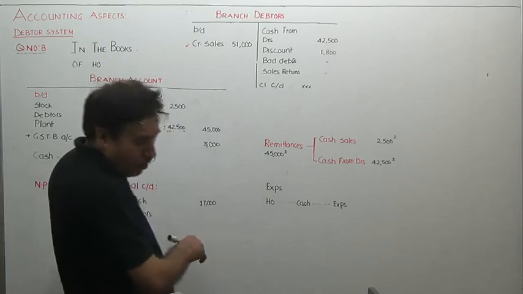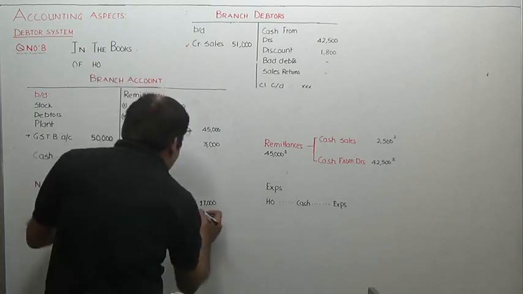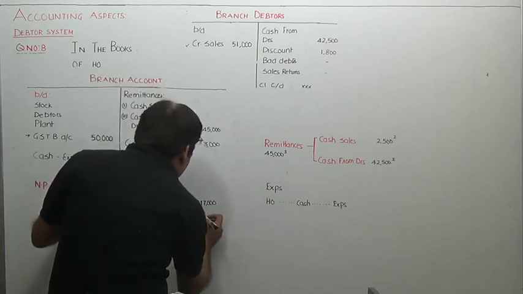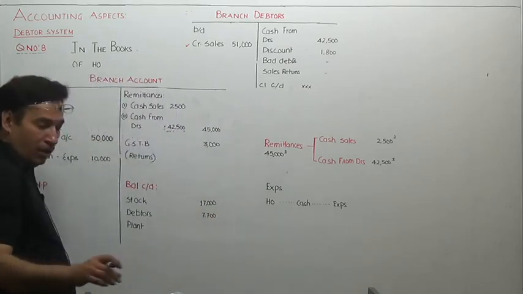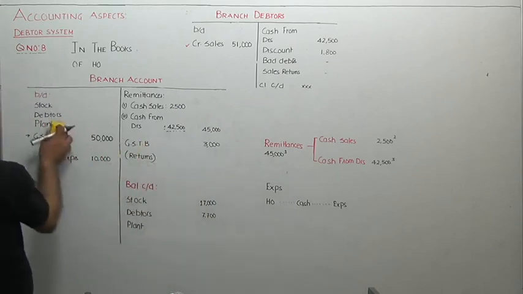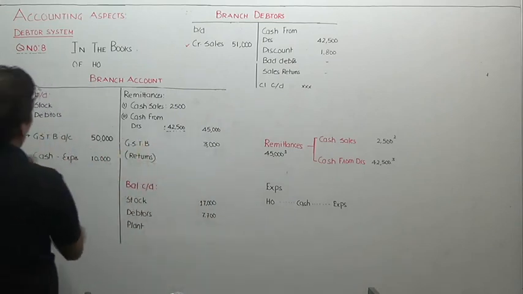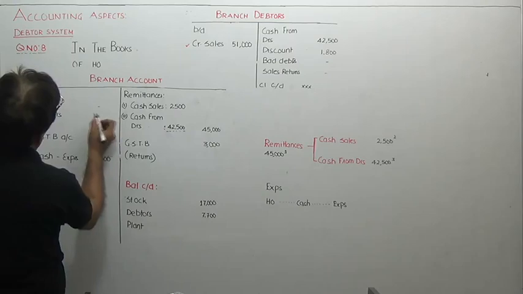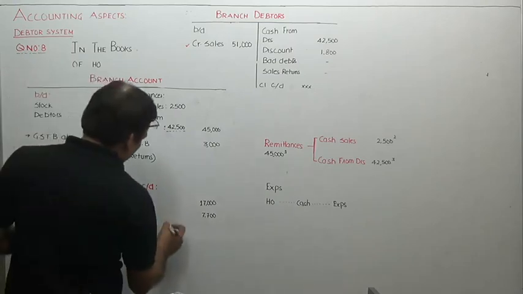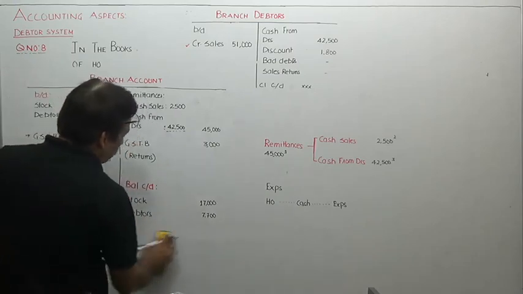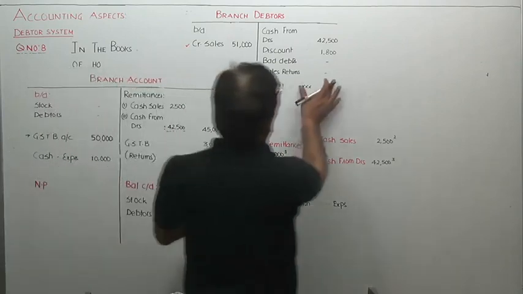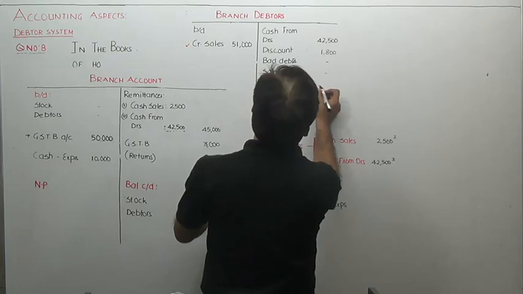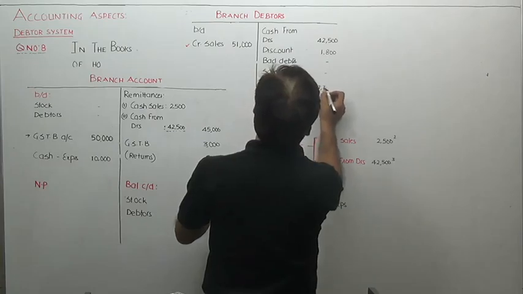Then we have been given closing balance of debtors 7,700. So 7,700 you will also write here. In this question, there is no balance of plant, no opening balance of stock or debtors so far. Closing balance of debtors is also written in the branch debtors account.